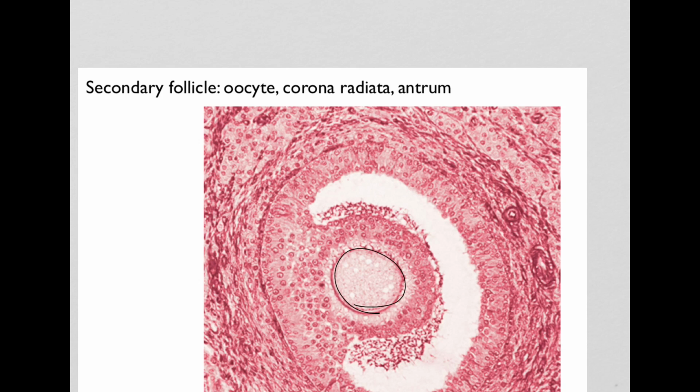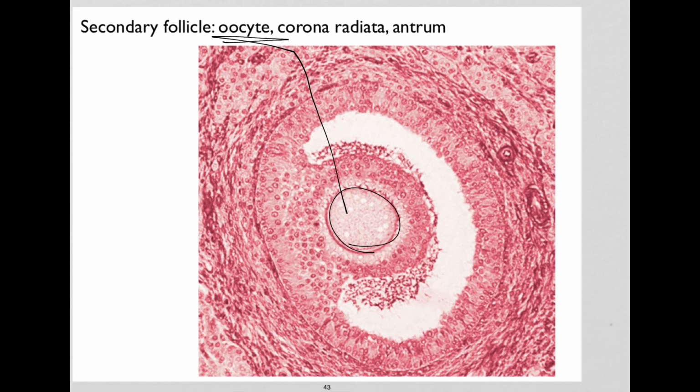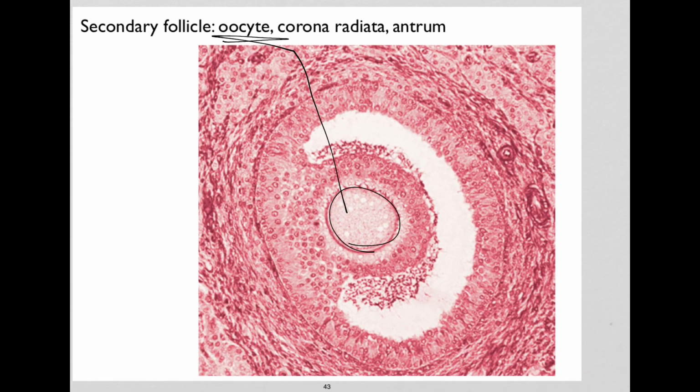At the center of the follicle, that's the oocyte. Okay, so the oocyte is the very, very large cell at the middle of the follicle. It's the cell that's going through meiosis. It's the cell that's going to actually receive the sperm to become the new embryo. And so the rest of this surrounding tissue is part of the follicle, but it's not actual reproductive cells.